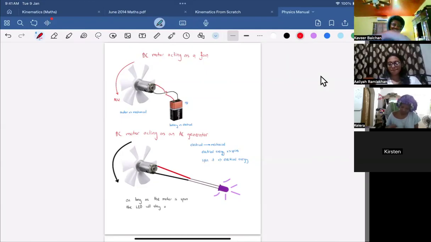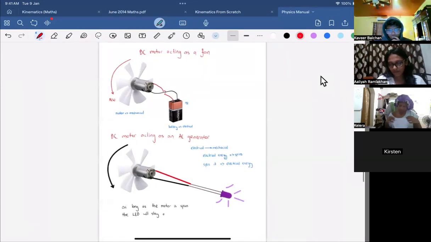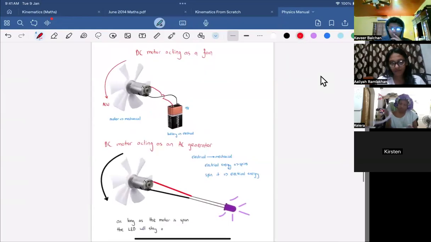I want to draw a sketch of this or something. So if I supply power to a motor, it spins. If I spin the motor, it creates power. Vice versa. So let me look at some questions.